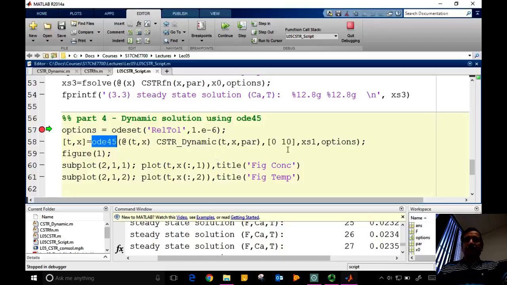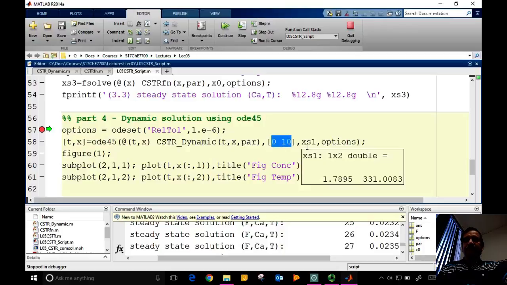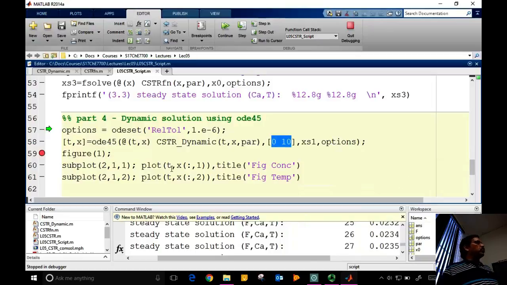No? So this is the range of time, and this is the initial guess and options. Okay, so now what is going to happen when I continue to execute is control will go in line 58 to ODE45. ODE45 is a huge algorithm, but it is going to continuously talk to the CSTR dynamic and get back the function values and try to construct the solution and return the solution in this vector.